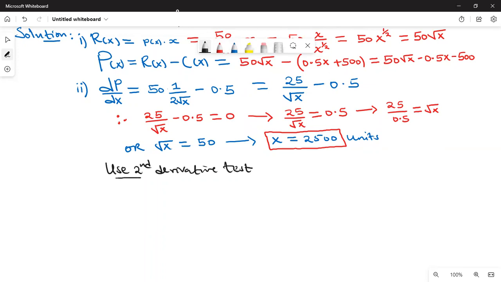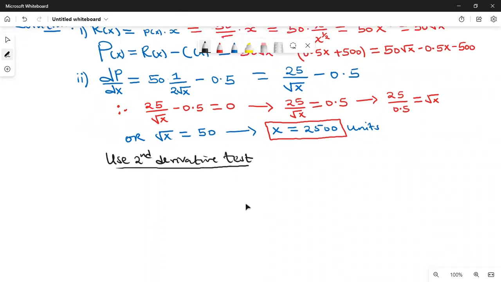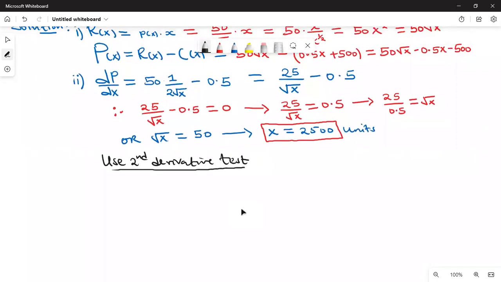Why are we using the second derivative test? Because we need to know whether the value of x that we have found will yield maximum profit. So I'll find the second derivative of the profit function with respect to x. So d squared P over dx squared.